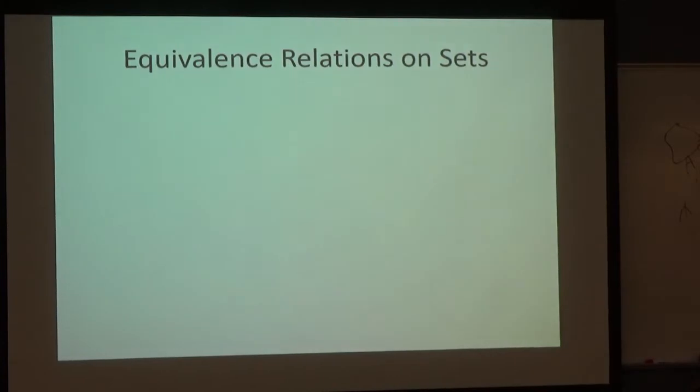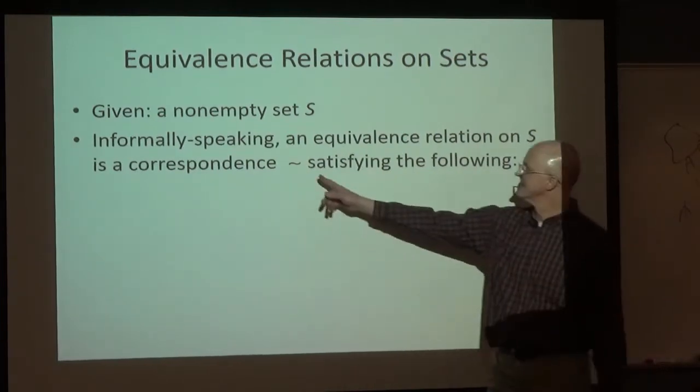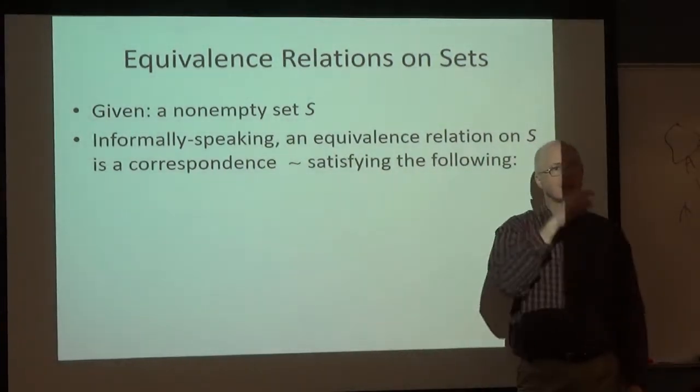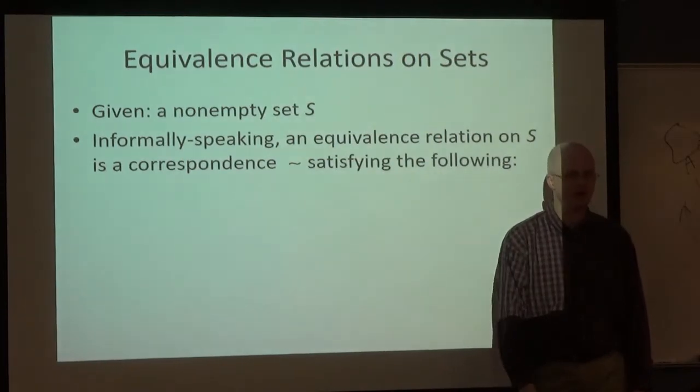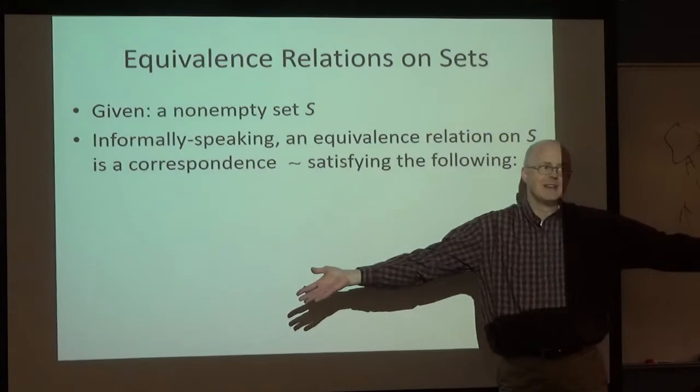As you had in your homework, an equivalence relation is, informally speaking, a correspondence, sometimes denoted by a little tilde, and that's the thing I usually use when I want to write it quick, but other times denoted by lots of other things, as you saw in the book.